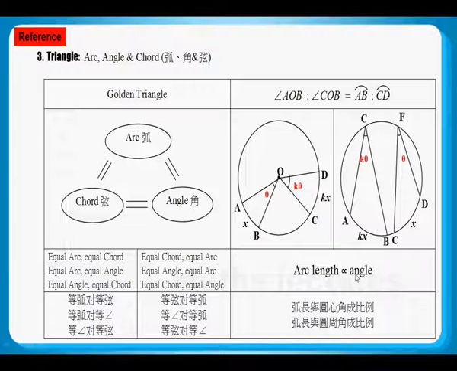Arc length is proportional to angle at the center. Arc length is proportional to angle at the circumference, because arc length calculation and angle at the circumference calculation are all based on angle at the center.